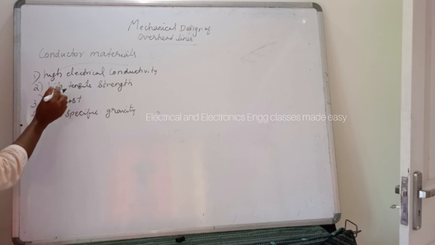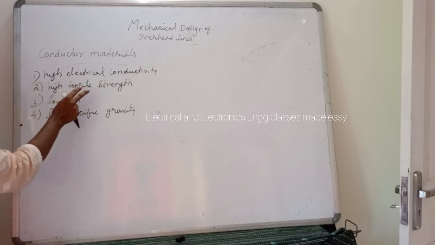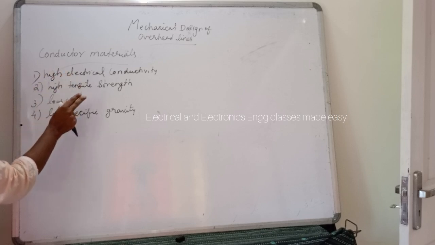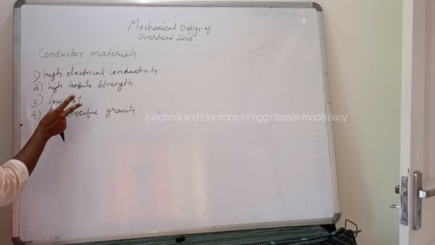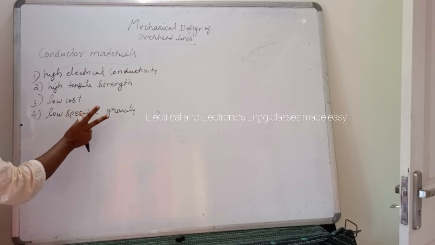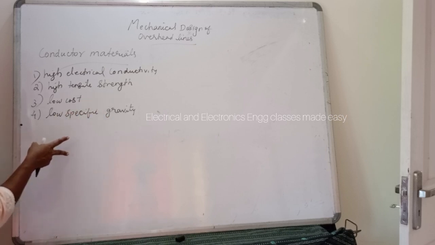First one is high electrical conductivity. Second one is high tensile strength in order to withstand the mechanical stresses. Third one, low cost so that it can be used for long distances. Fourth one is low specific gravity so that the weight per unit volume is small.